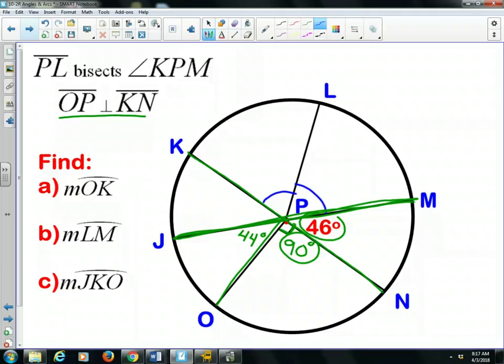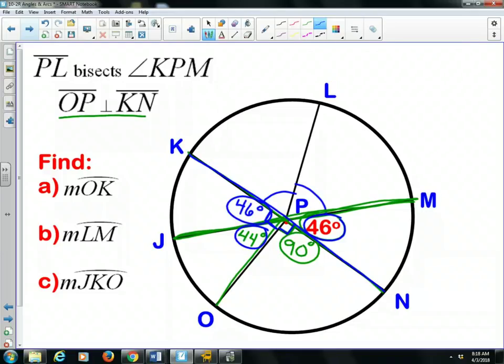All right, if this angle is 90 and this is a diameter, then that means that this angle has to be 90, right? Because 90 plus 90 is 180. And so if this is 44, then this angle has to be 46 degrees, because that has to add up to 90. Also, it's vertical to this 46-degree angle, and vertical angles are congruent, so that one has to be 46. Okay, so now we're just missing two angles.